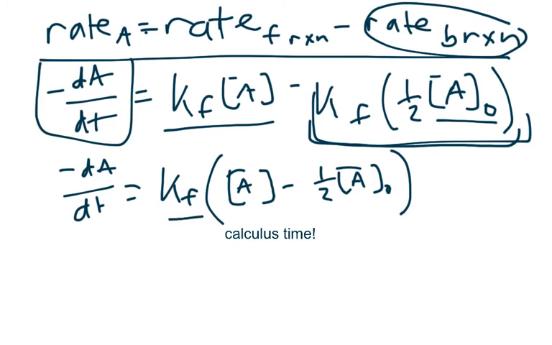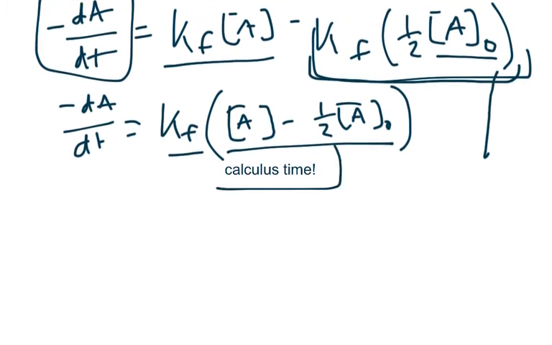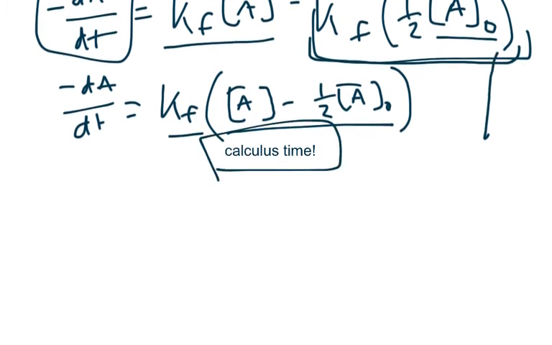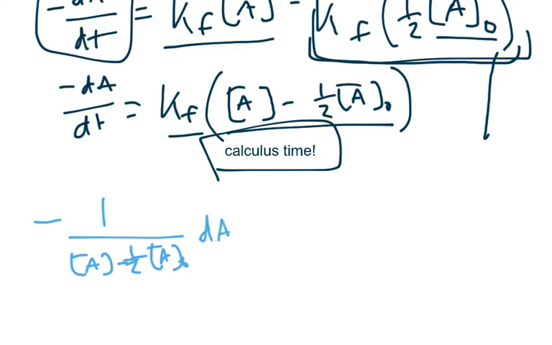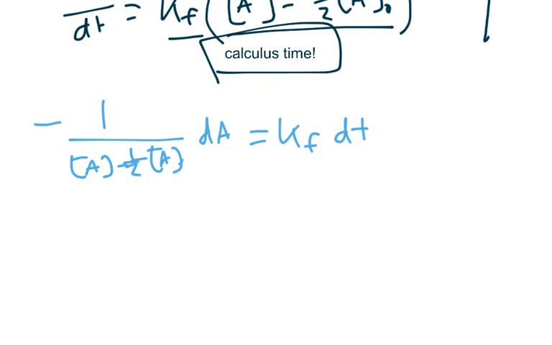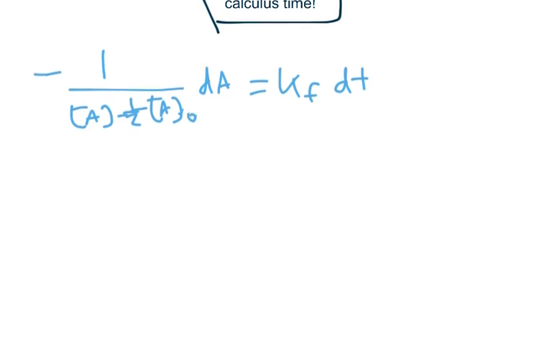Now we just factored Kf out, and we're left with this, and now we actually have to do some calculus. So we are going to do the separation of variables. So let's see, negative 1 over A minus 1/2 A0, and this is times dA, and this is equal to Kf times dt. So notice how I'm just moving things around here. And now we can take the integral of both sides.